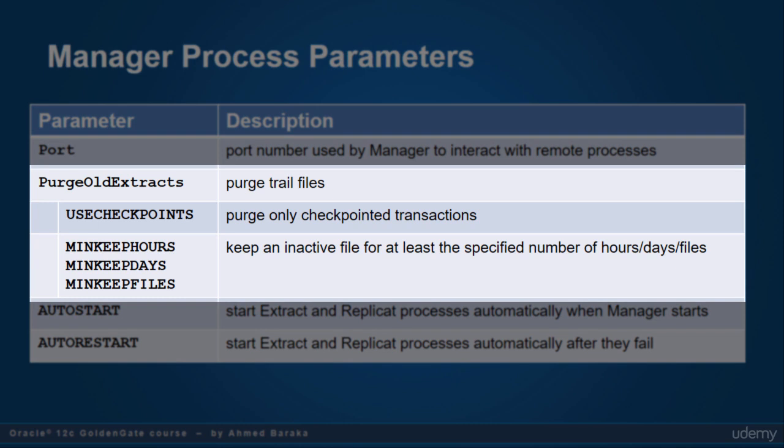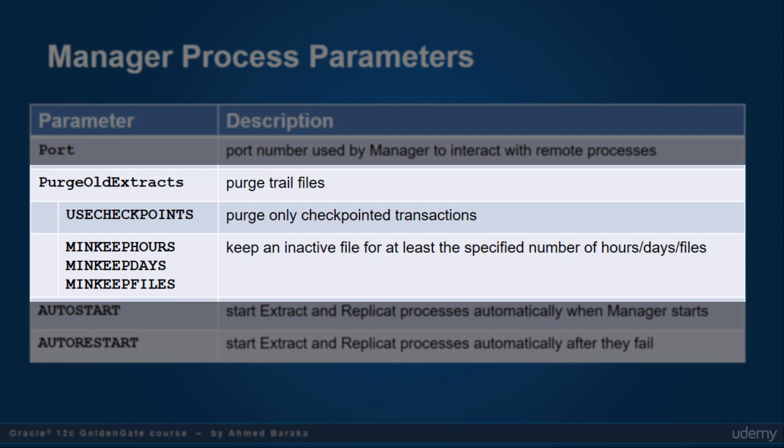Use the min keep rule to set a minimum amount of time to keep the trail files. Use the min keep hours or min keep days to keep the data for n number of hours or days. Use the min keep files to keep at least n trail files including the active file. The default number of files to keep is 1.